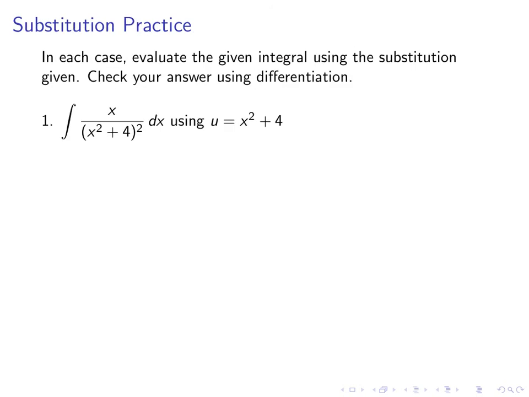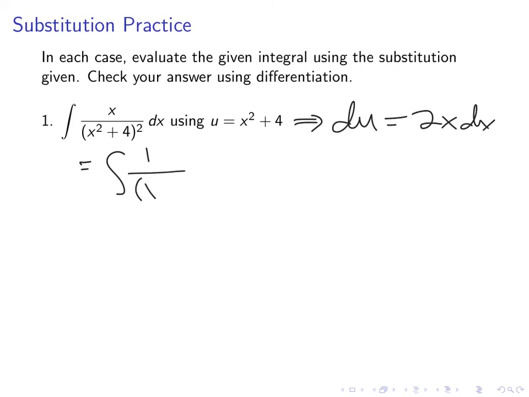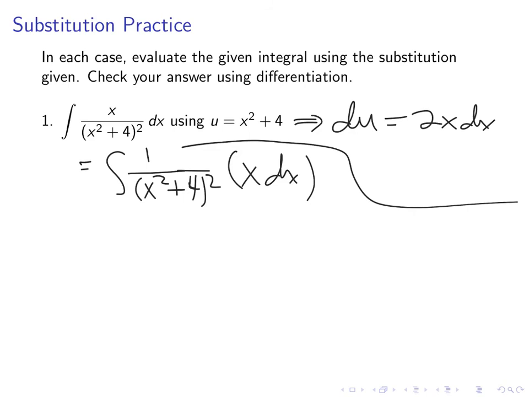So here's 3 more examples of this that we can do. From the given u here, I know that du is 2x dx, but my original integral looks like this. It's 1 over x squared plus 4 squared times x dx. And so I don't want 2x dx, I want x dx.